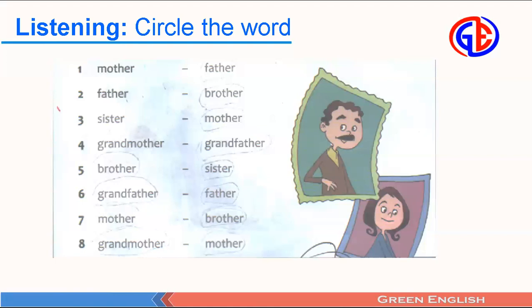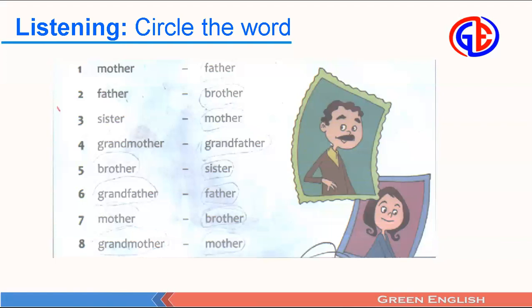So now let's see the first one, which family member that I read. Number 1, father. Number 2, brother. Number 3, sister. Number 4, grandmother.